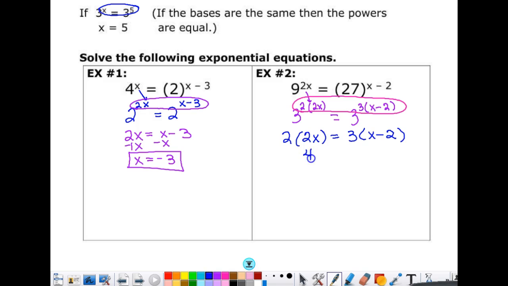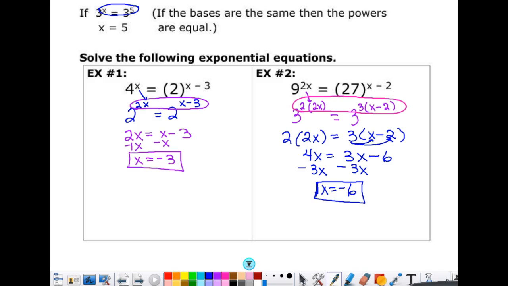So we get 4x equals what? 3x minus 6. Good job. Now what do we do? Yeah, subtract 3x. We get 4 minus 3 is 1x equals negative 6. Okay? Yeah, that's it.